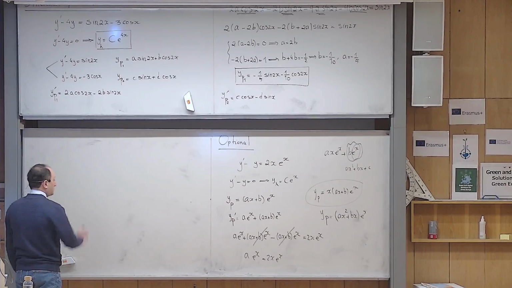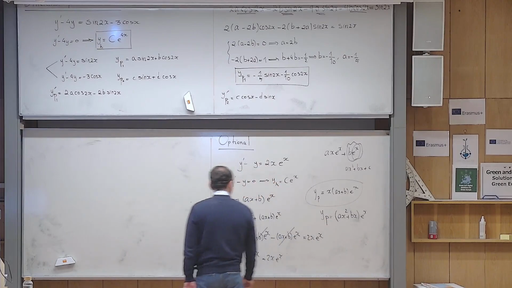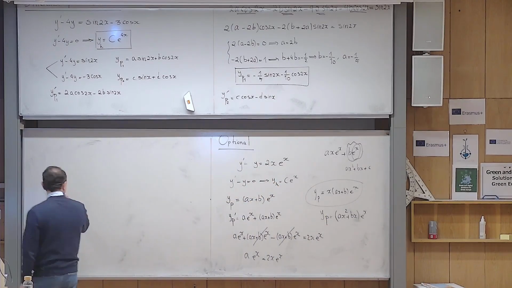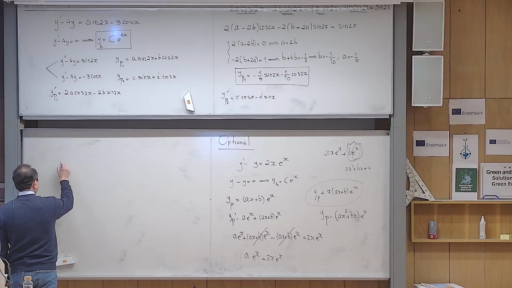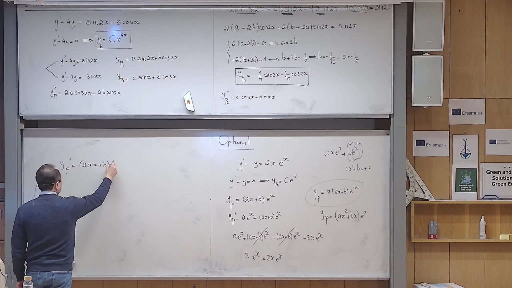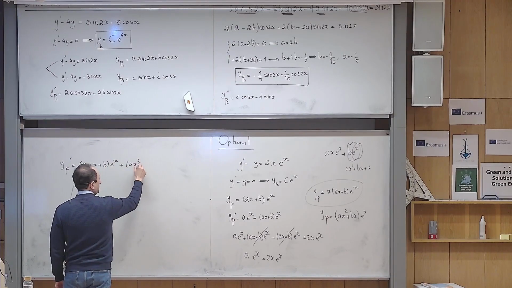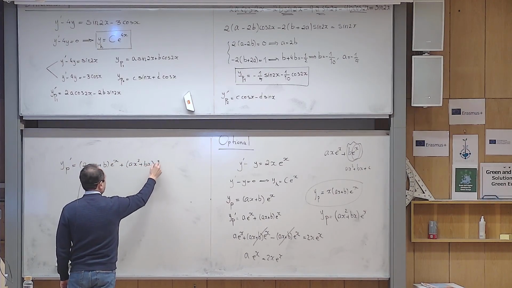So what should I do? That is my guess. Yes. So I would take the derivative of that guess. The derivative of the first one, 2ax plus b, multiplied by the second one itself, plus the first one, multiplied by the second one's derivative.